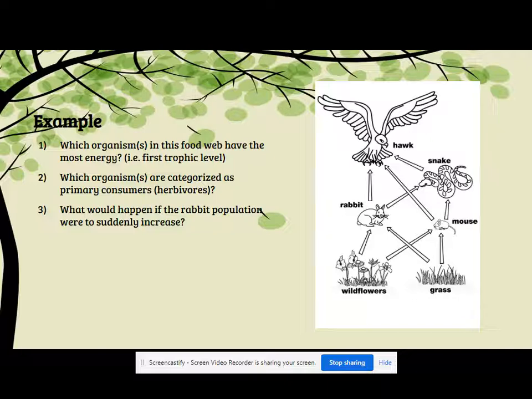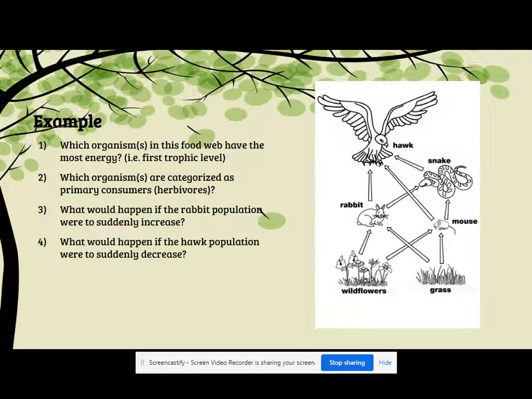So it's really tough to wrap our heads around what would actually occur. Maybe more mice would support the hawk and the snake population. We don't know. But definitely there would be more wildflowers and more grass to start with, and then probably fewer predators. So it'd be kind of like a cascade effect.